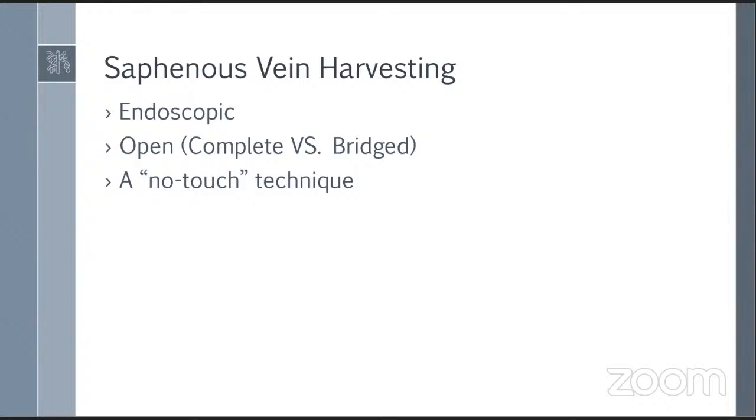But one thing we need to know about that trial is that it was not designed to study the difference between endoscopic and open, so the choice of technique was not randomized.